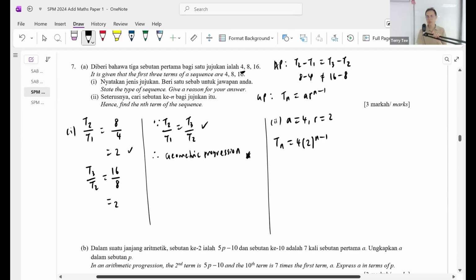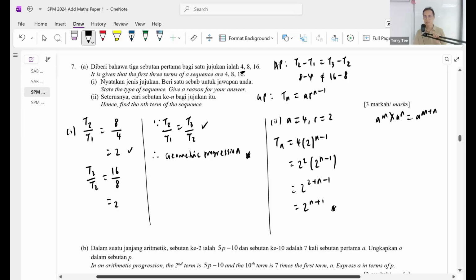So I shouldn't stop here, because 4 is 2 to the power 2. There's a 2 to the power n minus 1 here. You can put the bracket inside, outside, doesn't matter. When you multiply, remember indices, we add the powers. So this is 2 to the power 2 plus n minus 1. Answer: 2 to the power of n plus 1.